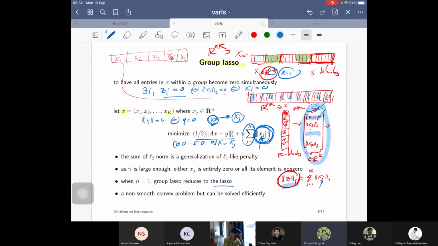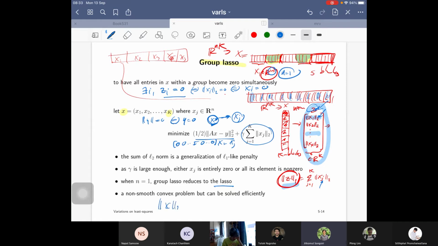And once you know that it's a convex problem, then you can solve it using many software packages, either modeling software or a generic solver for convex optimization. But I would also like to mention that this is a non-smooth convex problem, which means that at some values of x, the objective is not differentiable.